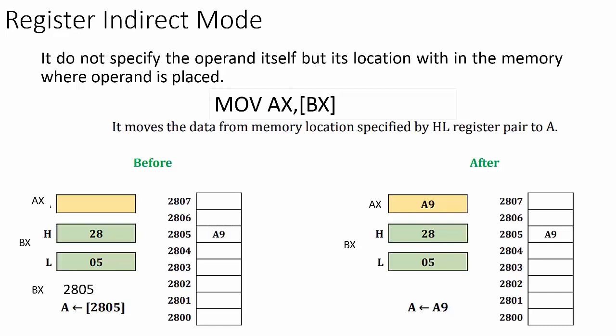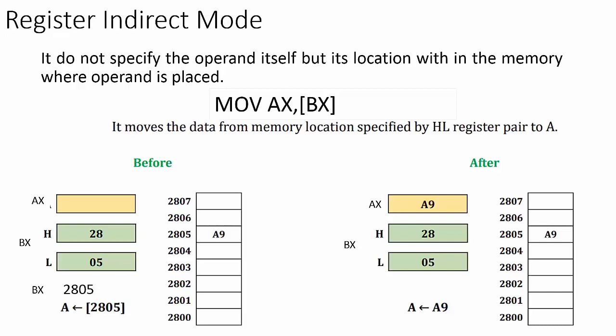So let's discuss it via the figure. The figure consists of two parts. The left part shows the state before execution of the instruction, and the right part shows the state after execution. Here is the AX register. Assume that the AX register, the accumulator register, has nothing. Another register is BX. As I already told you, 8086 registers are 16-bit registers.